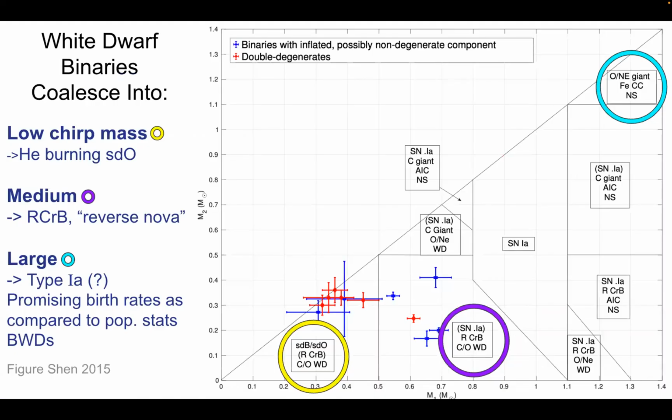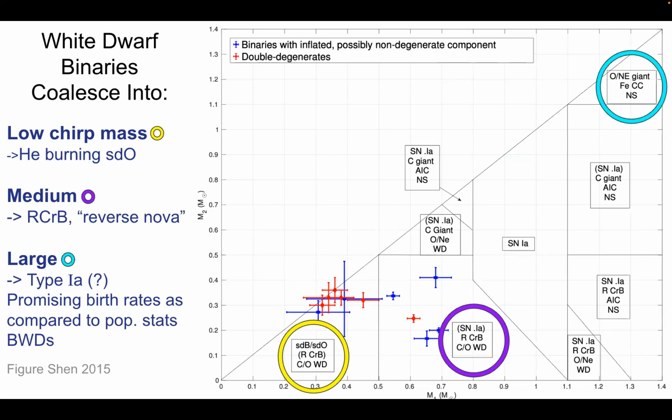Touching a bit more on white dwarf binaries, the graph that we see here shows, if you have a white dwarf binary system, based on the mass of the two stars, what these two can coalesce to. What happens once they merge? We've identified three important examples here.